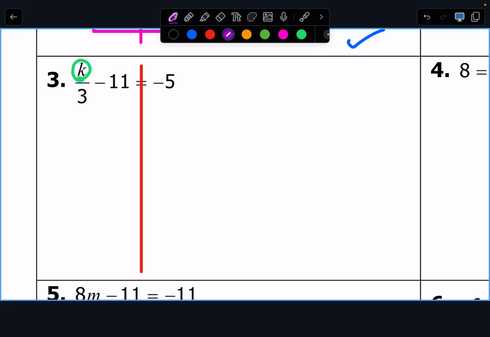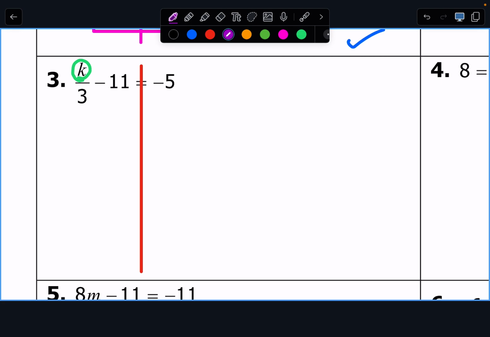Jared, which number do we need to move first, the 3 or the 11? Okay, Jared said the 11. Carter, why does the 11 need to go first? Okay, it's not connected to the variable.